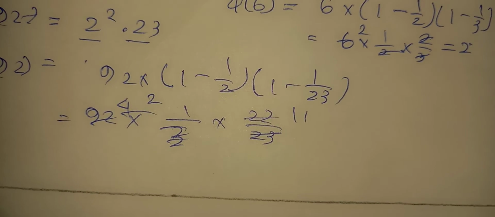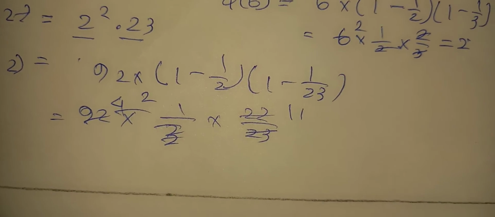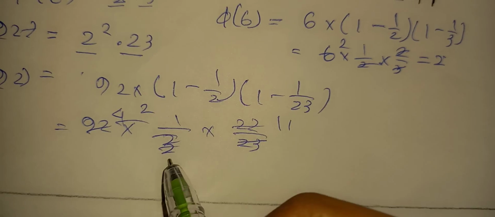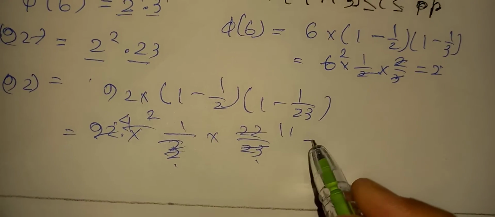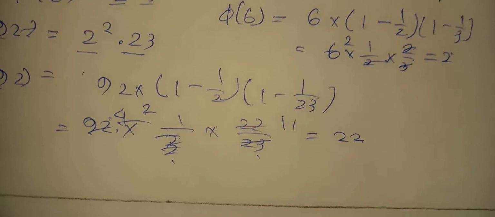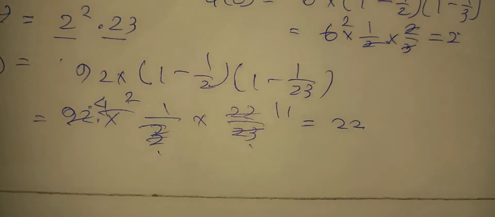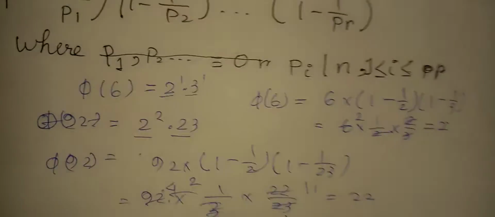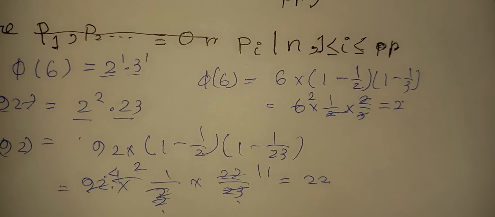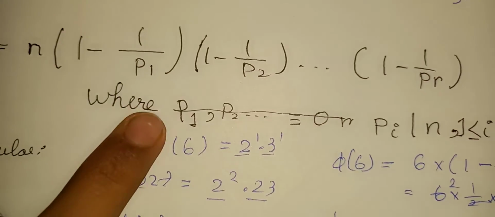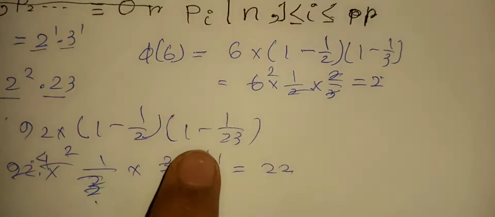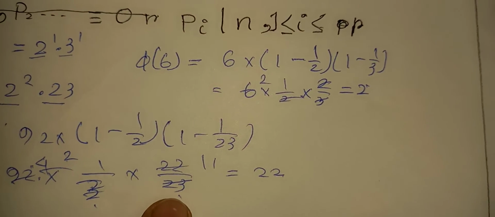I think I made a mistake. It's 92, right? And this is 2. So 23 4s are 92 and 2 2s are 4. So is it coming 22? Just a minute. 92 is the n. Now p1 is 2 and p2 is 23, so 22 by 23 here.